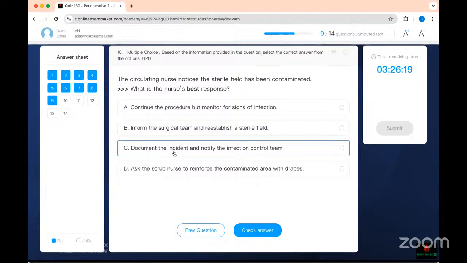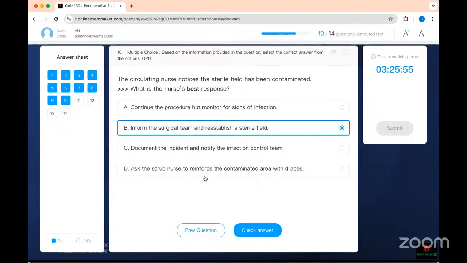We got to fix risk reduction. Once again, management is I see it and I intervene so that we don't let the patient get sick. Ask the scribe then to reinforce the contaminated area with the drapes. No, we need to re-establish sterility. Covering the area is not enough. You patching it. We want to re-establish sterility.